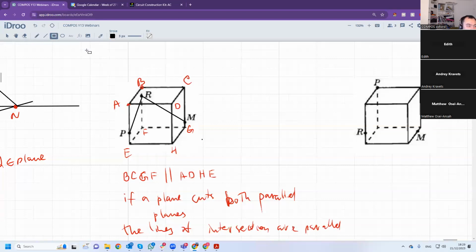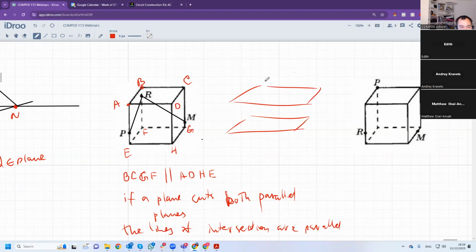If you have two parallel planes and a third one that cuts both, the lines along which it cuts are parallel. They have to be.